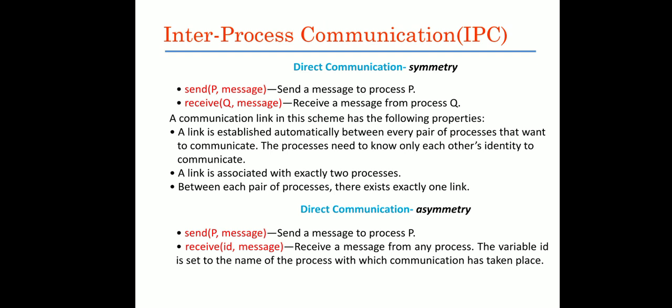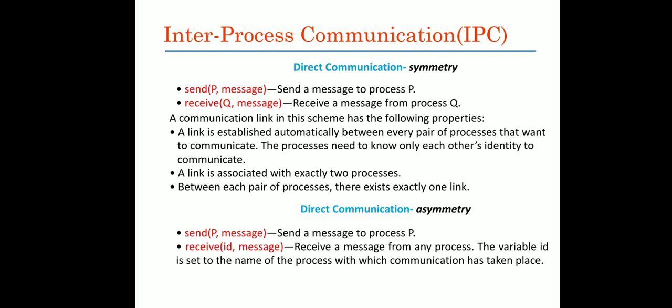If so, then automatically a link will be established. A link is associated with exactly two processes. In this symmetry, the link that has been established is between only two processes. One process is the sender, the other is the receiver. Between each pair of processes, there exists exactly one link. When two processes are communicating, there shall be only a single link for communication.